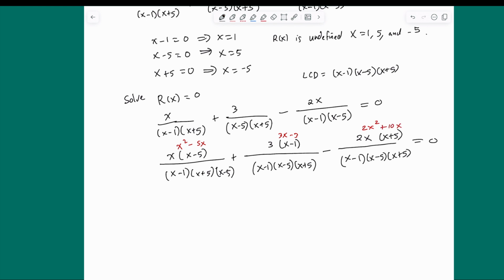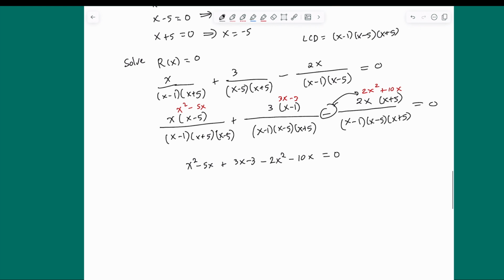So then our next line would be x squared minus 5x plus 3x minus 3, minus this minus sign here, I'm going to distribute it to the numerator to get negative 2x squared and then minus 10x, and this is all equal to 0.